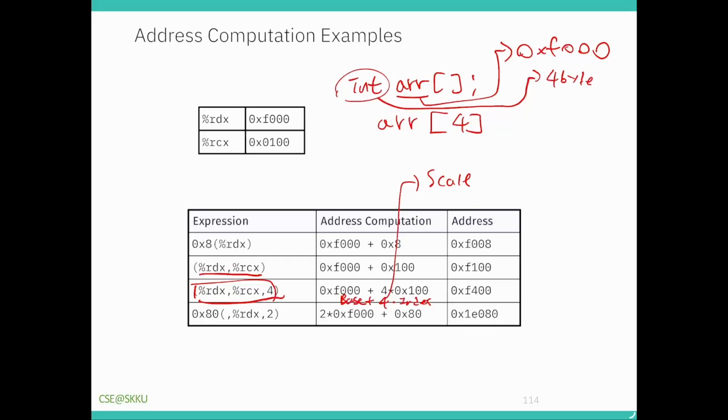So to access an integer array that has this base address and the location of index 4, the address computation comes out to be 0xf000 plus 4 times 4. That would be the address of this array index location.